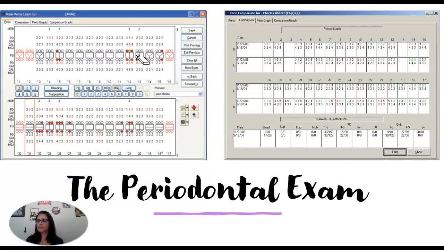What's also nice is that we can do a comparison for our patients, so we could either do it in list form like this, or we can do it as a graph form. But this is a tool that we can use to show our patients their progress. And we can tell them that, hey, Mr. Abbott, on this day, your pocket depths, your readings, you had some 4s, but overall looked decent.